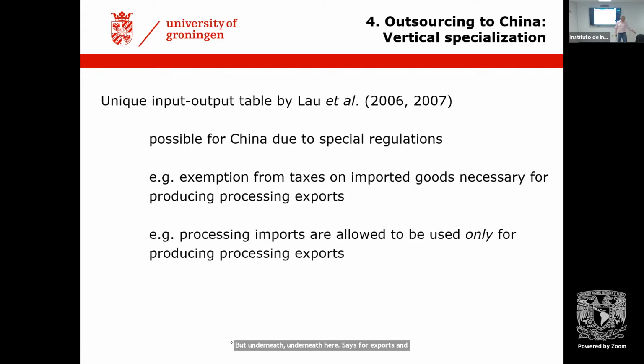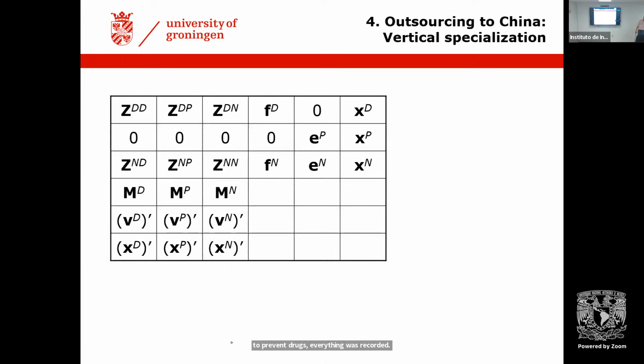Why? Because for this chair, imports of metal and whatever were exempted from taxes. So the customs and the tax authorities had very, very detailed records of what comes in and what goes out, because of this exemption. Of course, everybody likes the tax exemption, and therefore, in order to prevent fraud, everything was recorded. So they were able to use these data.